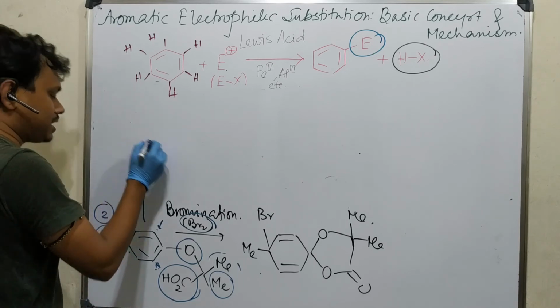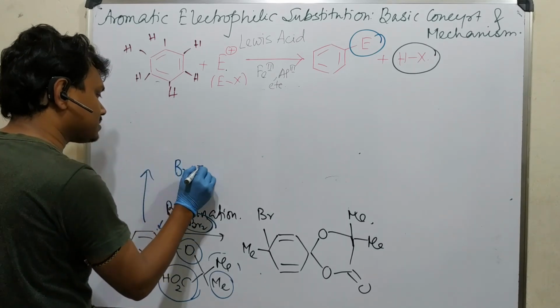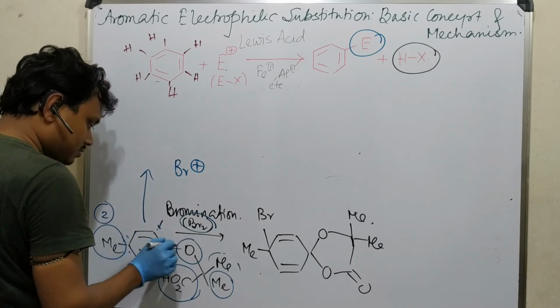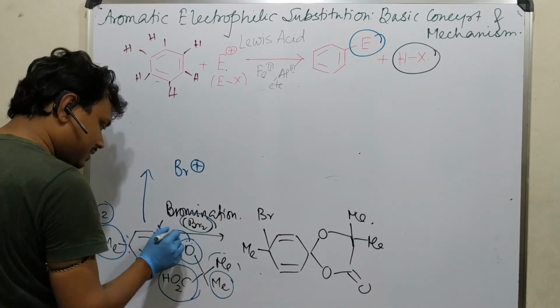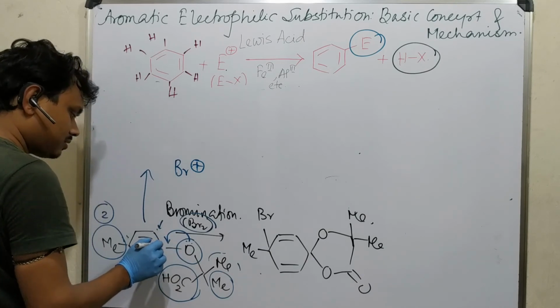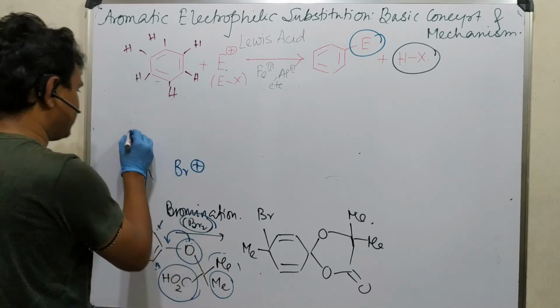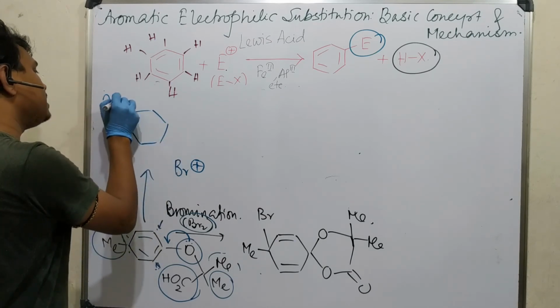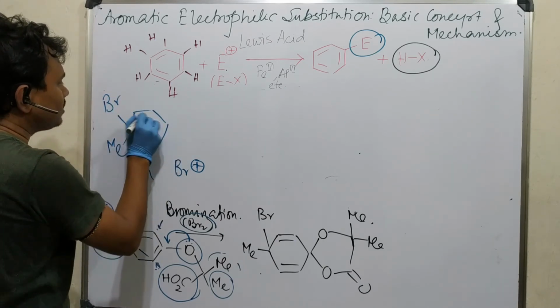So if bromination happened, meaning Br plus, it reacts. So you can think that it pushes its electron. Okay, let's not complicate this. First, let's draw it. This is the Br. This is the methyl.